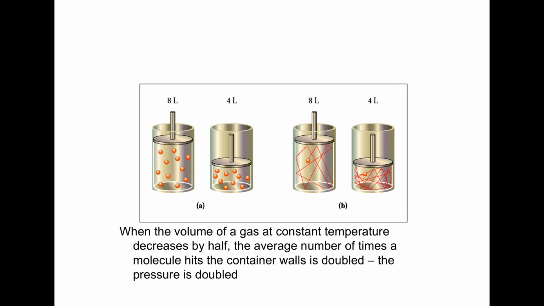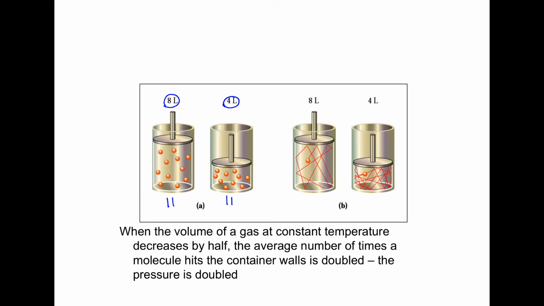Now, to think about why this works, why pressure and volume are inversely proportional, we have to think about what pressure means again. To review what's happening in these containers, this container has 11 particles, this one also has 11 particles. And the difference between them is this one has twice the volume that this one does, so it has a bigger volume.